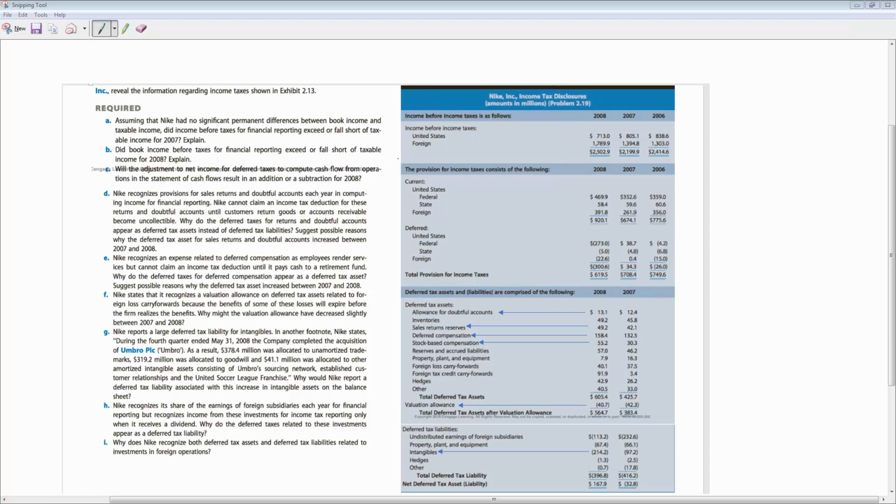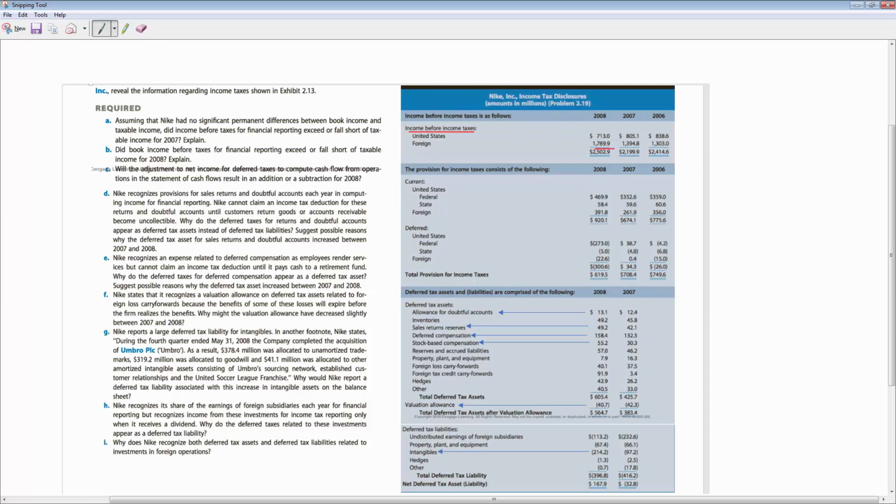It reports the income before tax here. Actually, this information is available in Nike's income statement, but it is disclosed here to give us a comparison, which I'm going to tell you about later. The income before tax comes from two sources: one is the United States, the other is foreign.